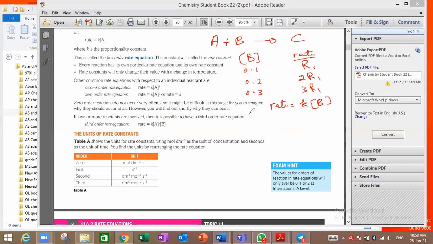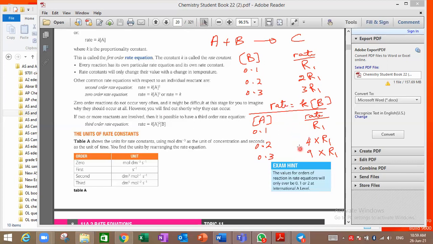But if we do other experiments and we start with the concentration of A to be 0.1 and the rate was rate 1, and if we change the concentration to 0.2, we find that the rate becomes 4 times the first one. If we change the concentration to 0.3, we find that the rate becomes 9 times rate 1.